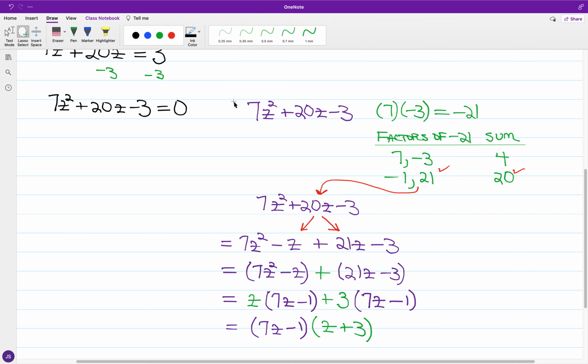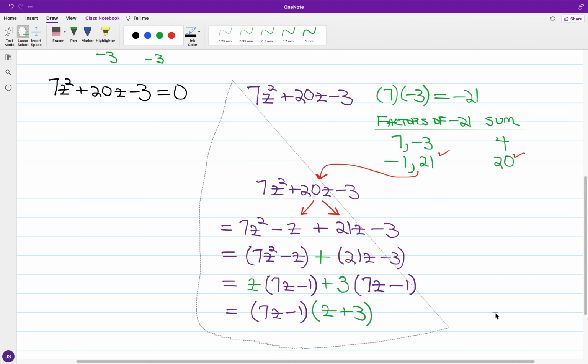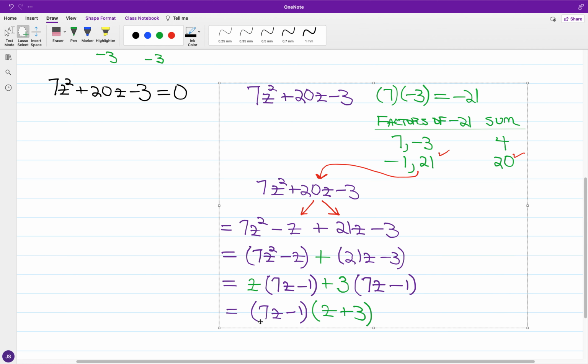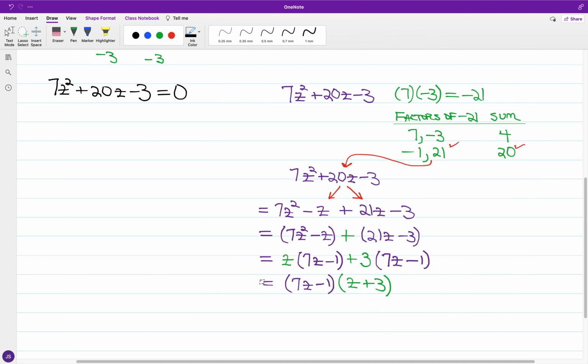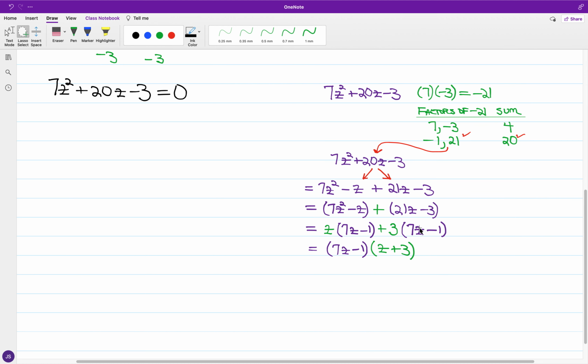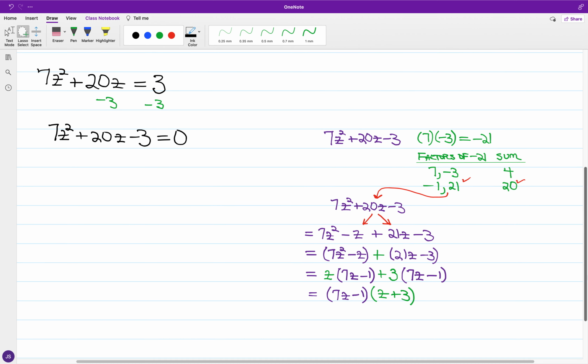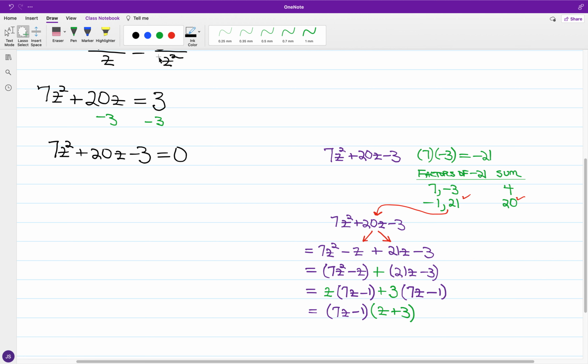And so going back to what we have in the original equation, we have this trinomial factored, and taking 7z minus 1 and z plus 3 into the equation, we have the backdrop whereupon we can perform factoring.